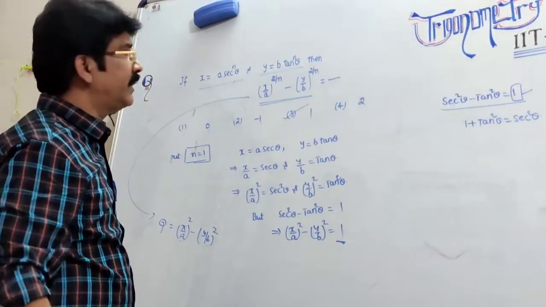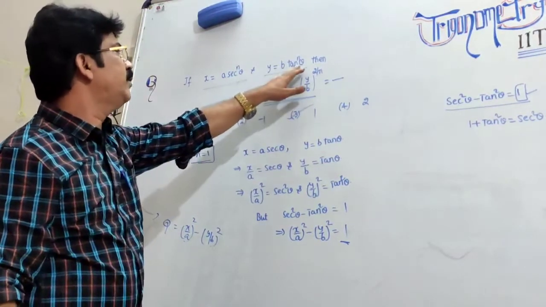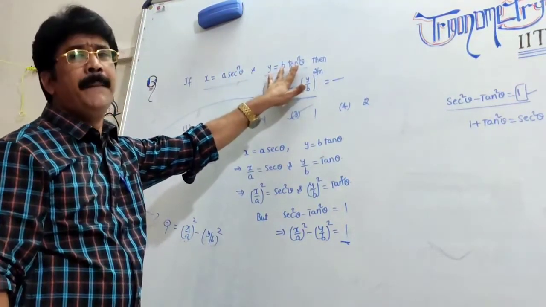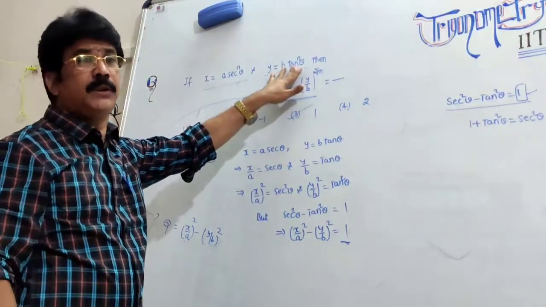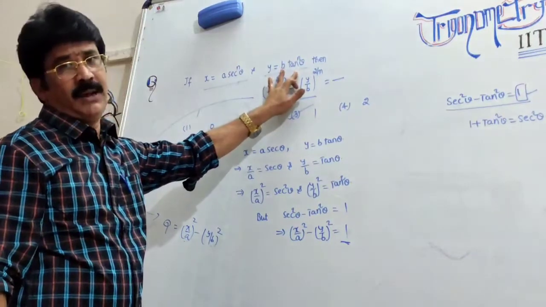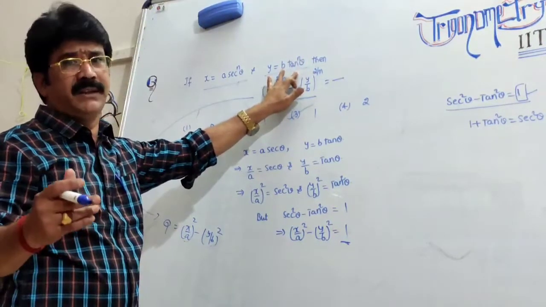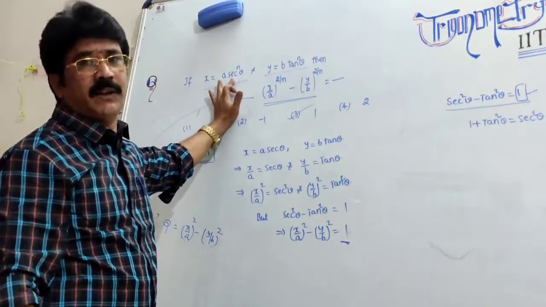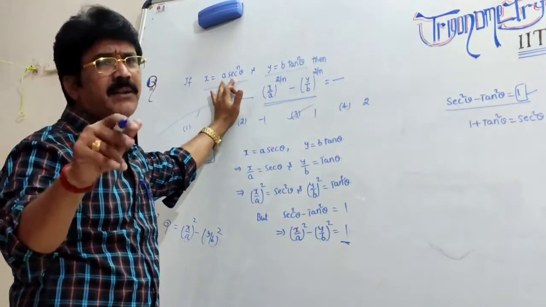So in other words, you can put any value for theta in this equation without loss of generality. Without loss of generality means what? Don't take theta equal to 90 degrees, because tan 90 degrees is not defined, that is equal to infinity. Here secant theta is there. Secant theta means 1 by cos theta.